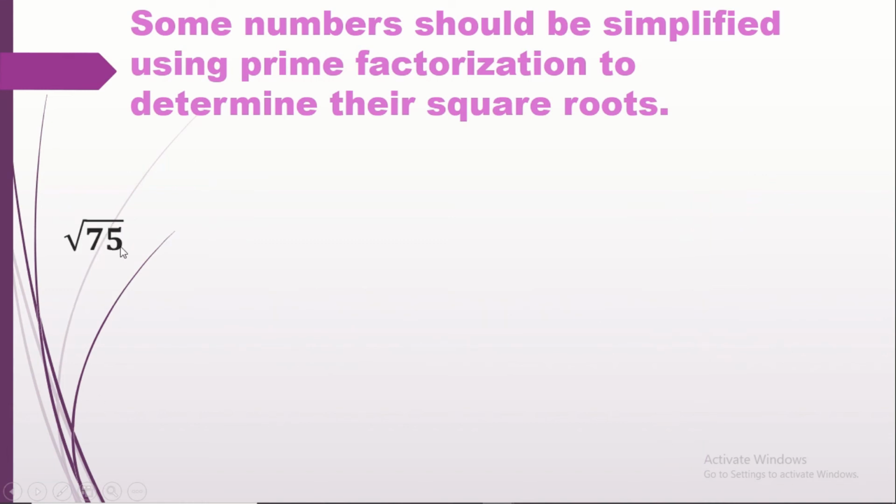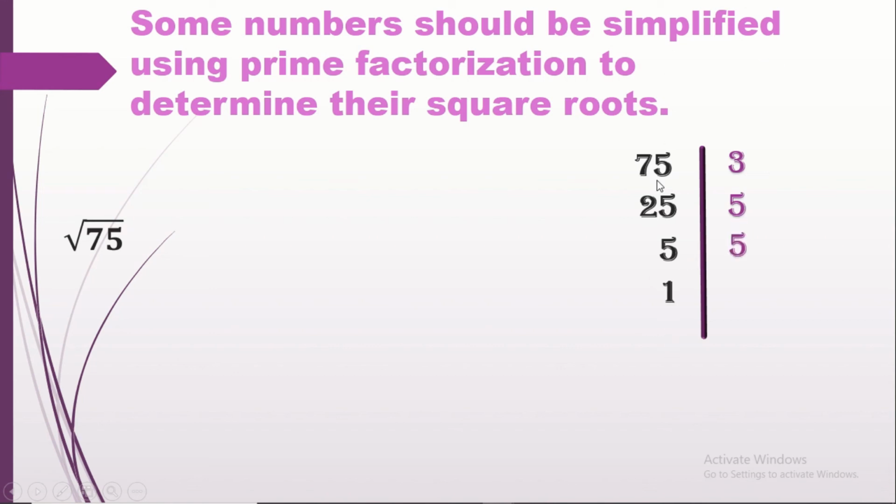Another example, we have 75. How do we perform its prime factorization? It's not divisible by 2, but it's divisible by 3. 7 plus 5 is 12, a multiple of 3. Well, 75 divided by 3 gives us 25. 25 divided by 5 gives us 5. Also 5 divided by 5 gives us 1.